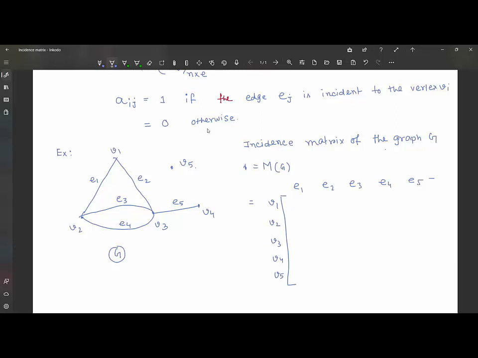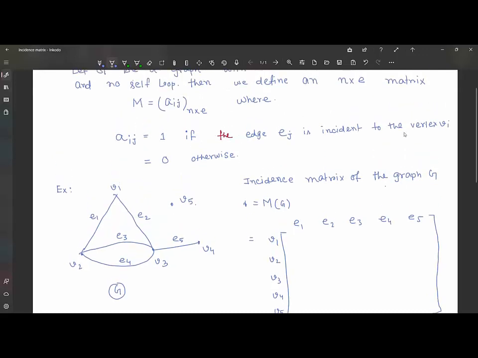Now just check the edge and vertex relations. From the definition, this is an ijth element: this is the 1 1 element, this is the 1 2 element, this is the 1 3 element. The 1 1 element means, if the edge E1 is incident to the vertex V1, then we put here 1.